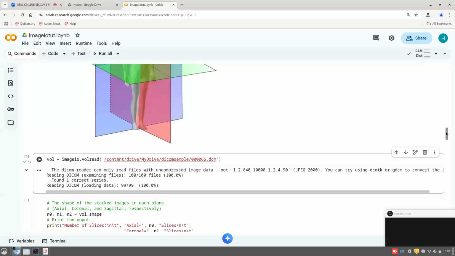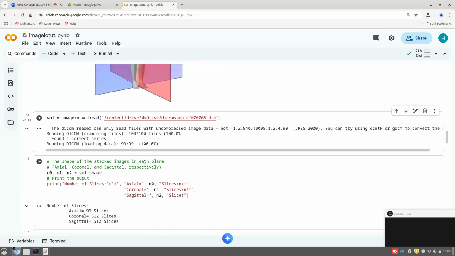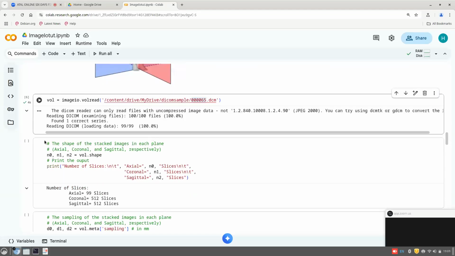I am now loading another image using the imageio volread function. Earlier I showed you imread; there is also a volread function. Using that, I can read the entire 3D image from 0000065.dcm. If I analyze the shape of the image, I can see that around the axial plane there are 99 slices, around the coronal plane there are 512 slices, and around the sagittal plane there are 512 slices.